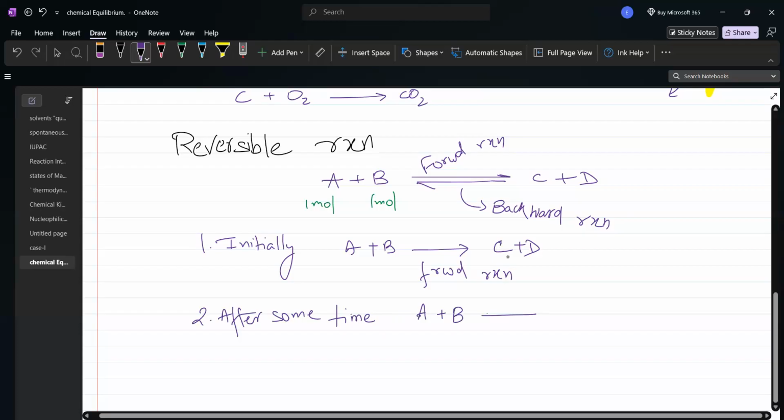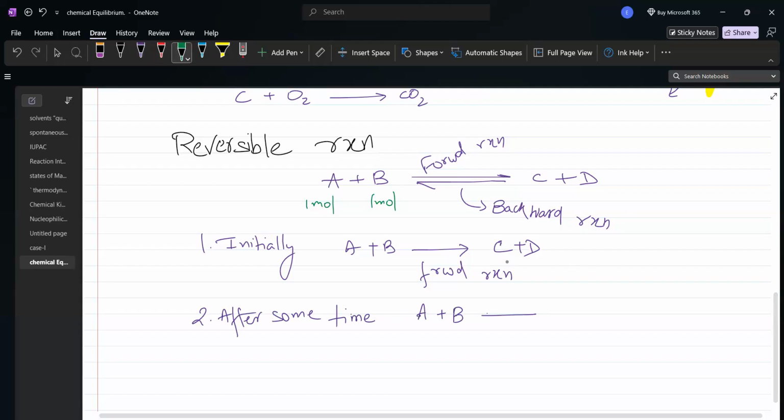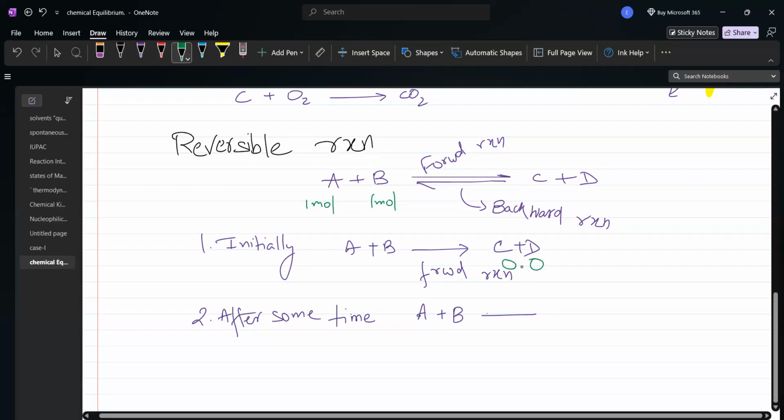And what will happen? The C and D molecules which have formed have started reacting with each other, and thus C plus D are getting reacted and forming A plus B again.